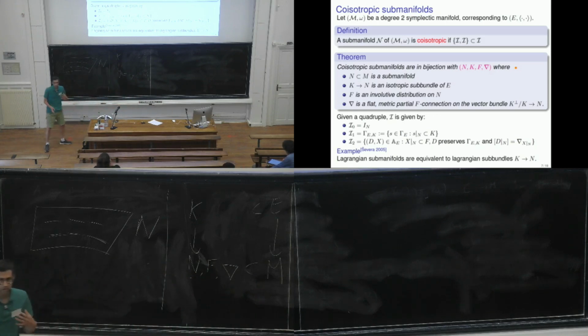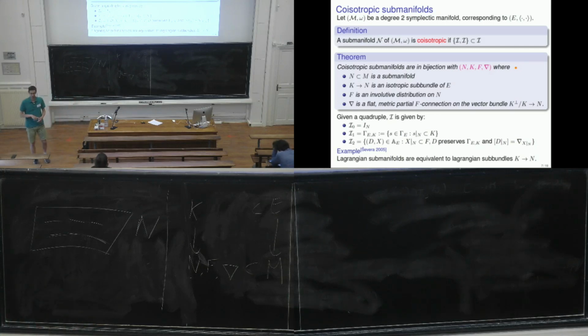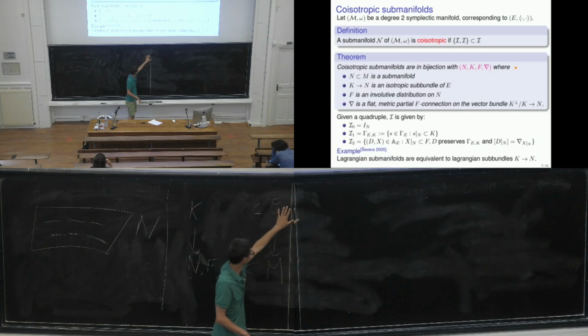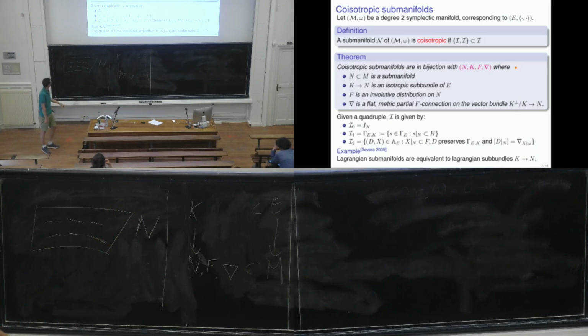Just to give you an idea of how the correspondence goes, this is one direction. If you have such a quadruple, you want to specify the ideal. It's a homogeneous ideal, so it's enough to do it in degrees 0, 1, and 2. In degree 0, you just take the vanishing ideal of the submanifold N. In degree 1, you take sections of the vector bundle E which over N restrict to K. In degree 2, we know that degree 2 functions are sections of the T algebroid, so covariant differential operators on E preserving the metric.